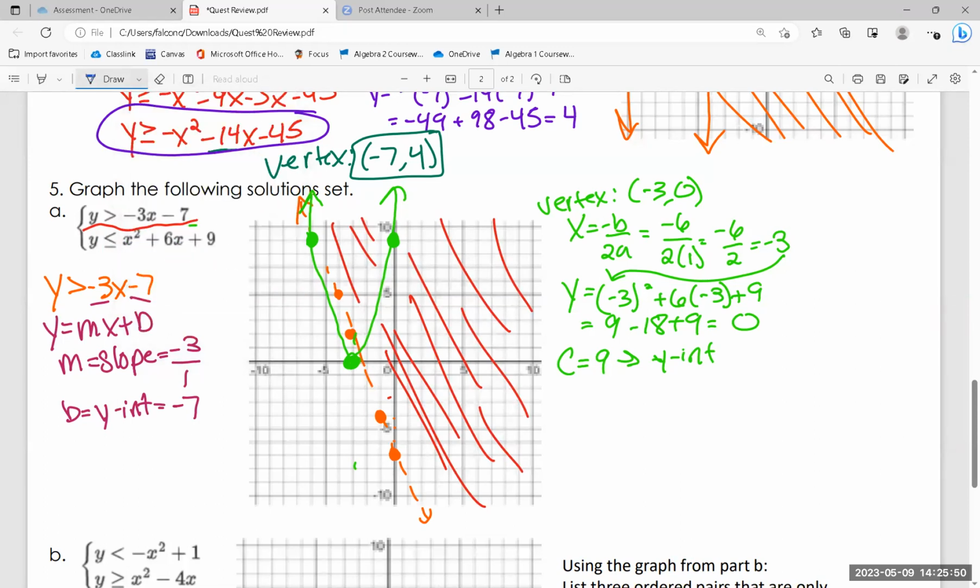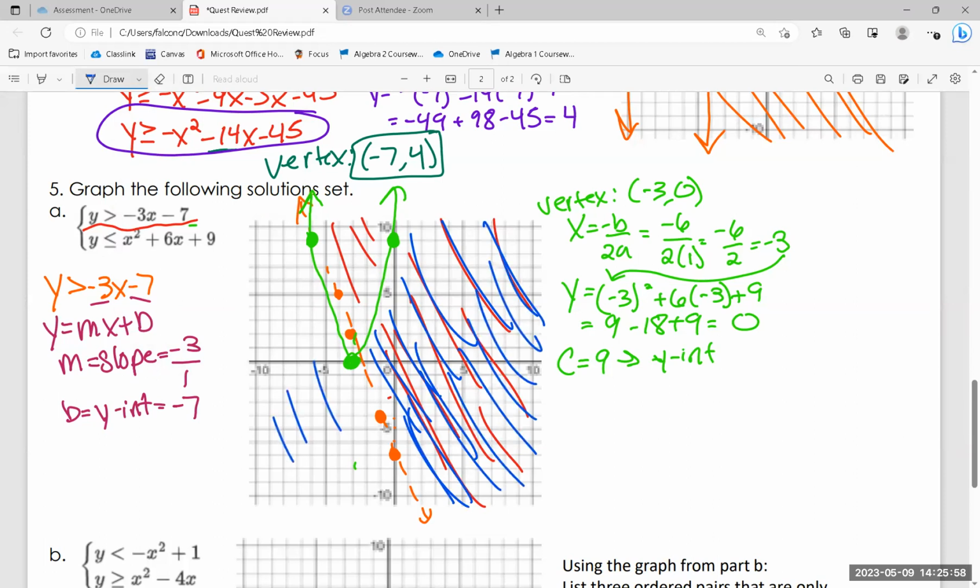The parabola is the green, so we want less than the parabola. Technically this stuff over here is less than, but we only want where they overlap. So we don't want that. And we also don't want this stuff over here because that wouldn't be less than the parabola. So we just want the part where they overlap, that blue and that red part.